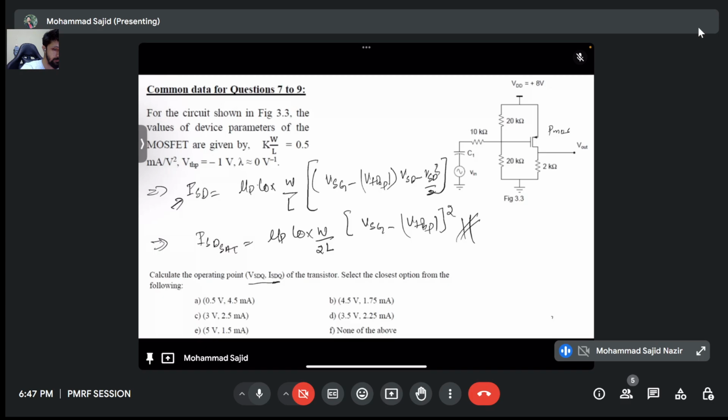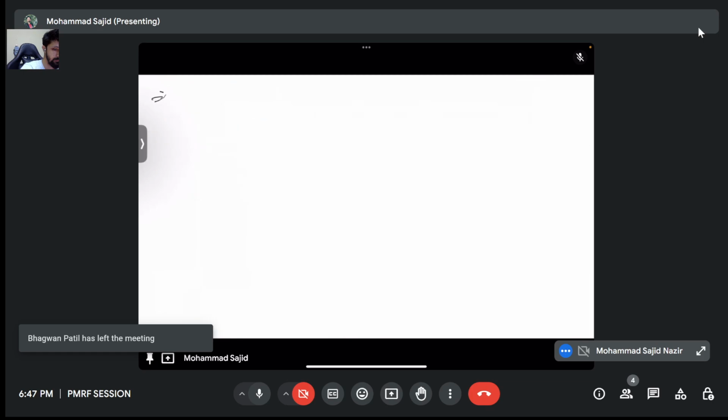If this is PMOS, that makes this terminal the source and this terminal the drain. So we have to calculate VSDQ. That means this is VDD minus V0. Okay, so this is what we have to calculate. All right.